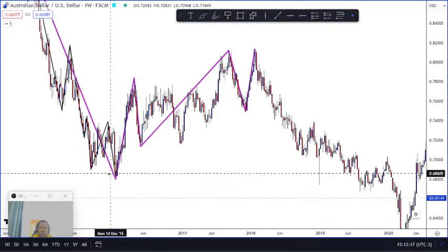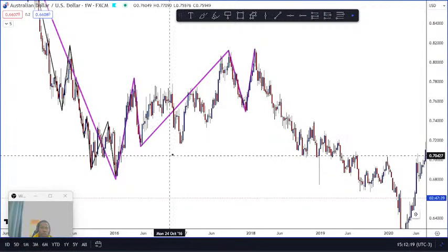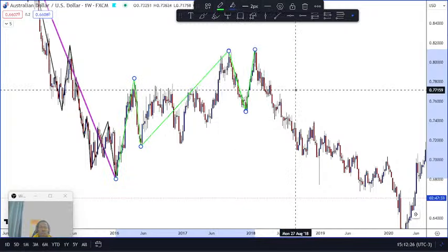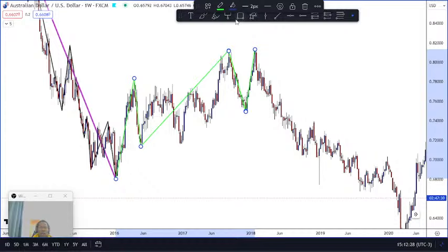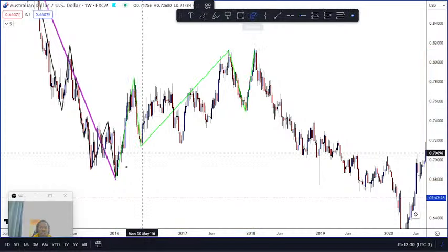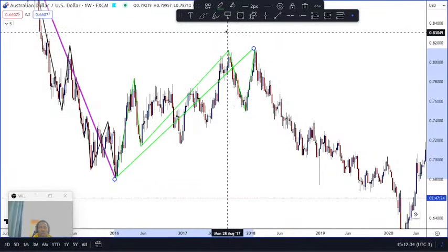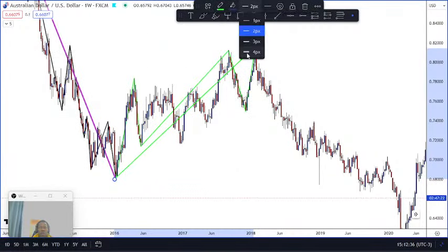So we have a short-term uptrend right here. Okay, so I'm just going to adjust and change the color to green. So we have another retracement from here to this level. All right, so that's a retracement.